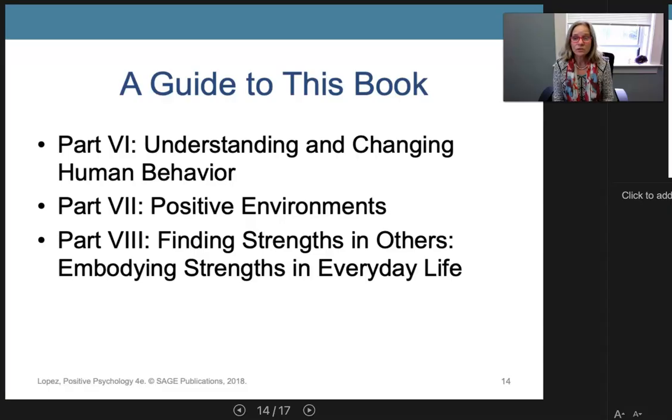I encourage you to take a look at the table of contents and think about what ideas look attractive to you, what chapters look the most interesting to you as you start to think about the area for your small research paper.